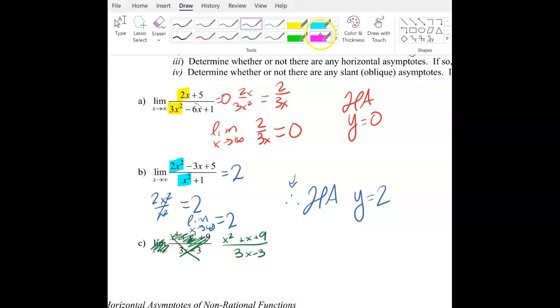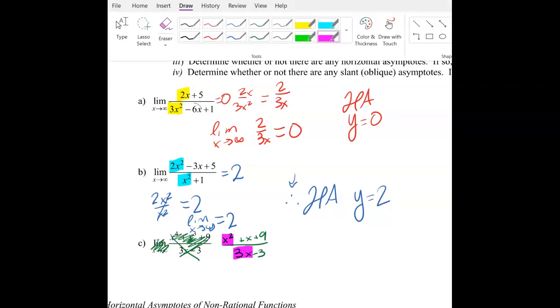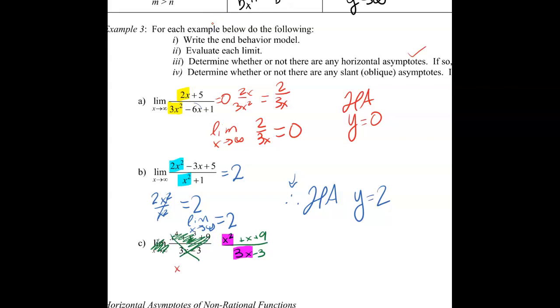the first thing I'm going to do, again, is take x squared over 3x. I'd have x squared over 3x, which is just going to simplify to being just x over 3.